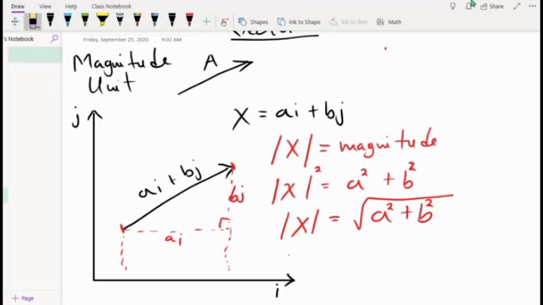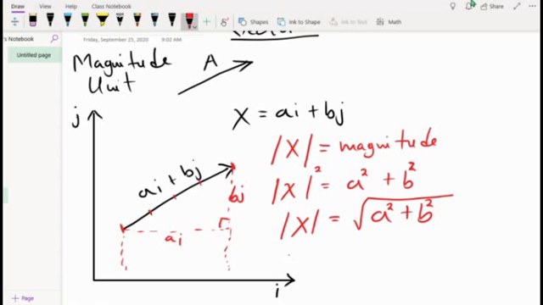Alright, let's look at what unit vector means. Unit vector, just as the name implies, is the smallest unit of a vector. For this particular vector x, if I break it down, that means the smallest amount of it.